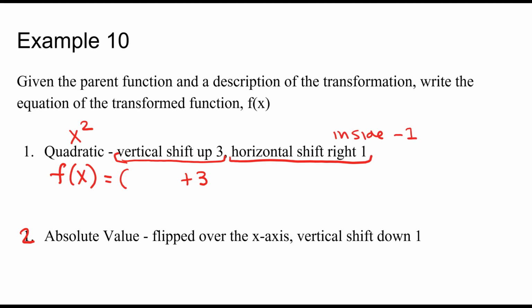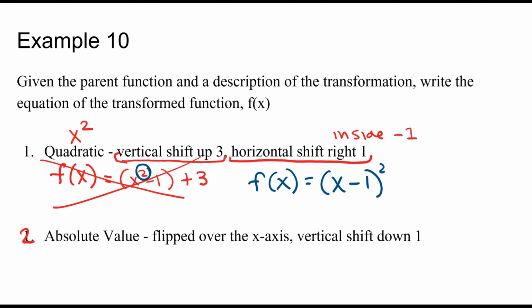So the mistake that happens is this. This is incorrect because that minus 1 needs to be inside of that squared. So we'll try it again correctly. We want that squared to be on the outside. There we go, plus 3. That's the correct answer.